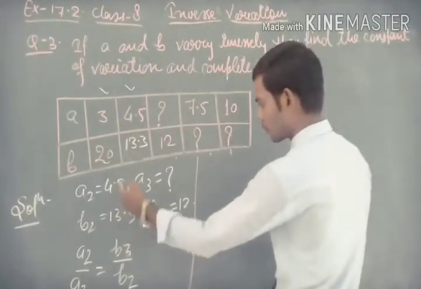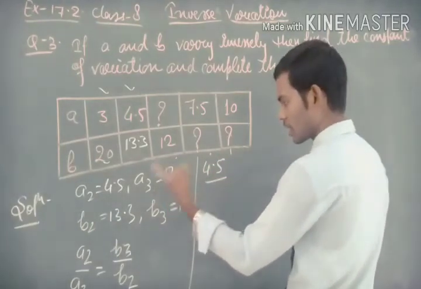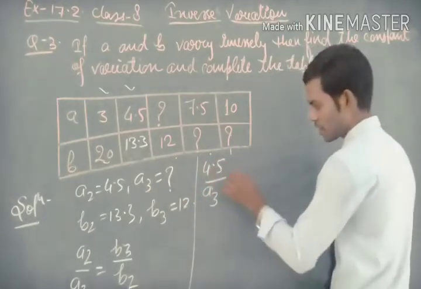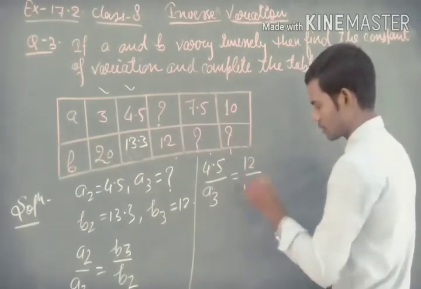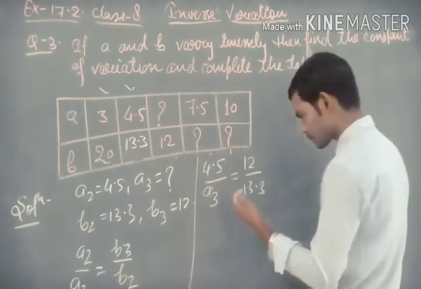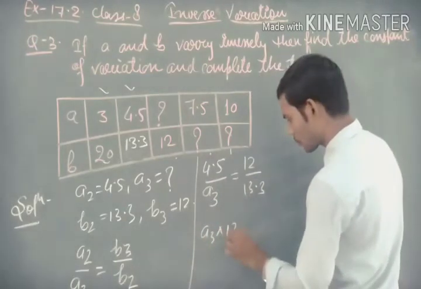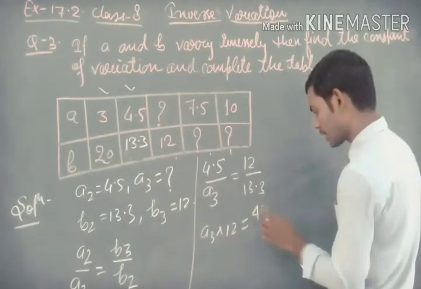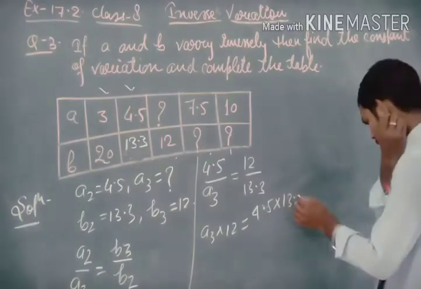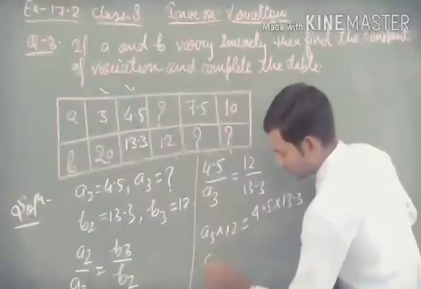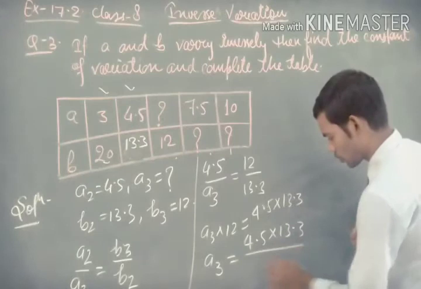The value of A2 is 4.5, so we write 4.5, and A3 is unknown, so write A3 without any change, and here you write the value of B3 is 12, and B2 is 13.3. Now carry out the cross multiplication, you will get A3 multiplied by 12 is equal to 4.5 multiplied by 13.3, and A3 is equal to 4.5 multiplied by 13.3 upon 12.